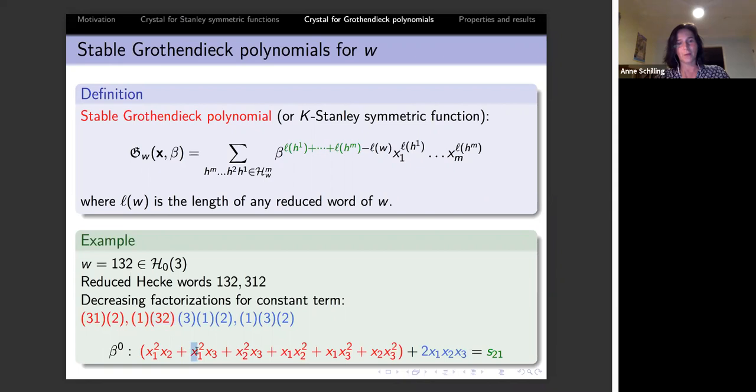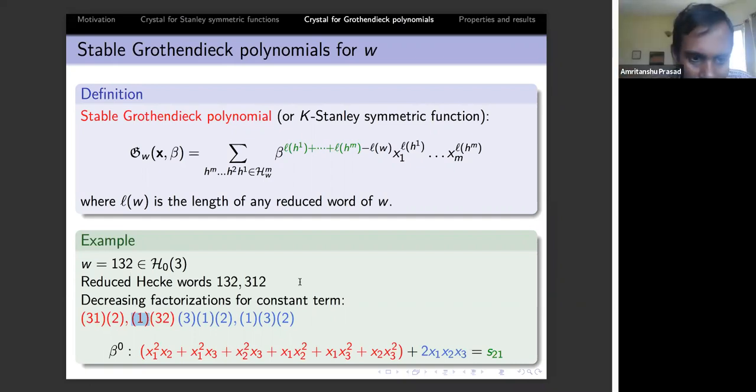So that would give me the x1 squared. Then I would have an empty factor, which would give me an x2 to the 0. And then this part gives me the x3 because it would be in the third factor. Does that make sense? Sorry, you mean the 1 would be in the third factor? Yeah, because I'm labeling from right to left.